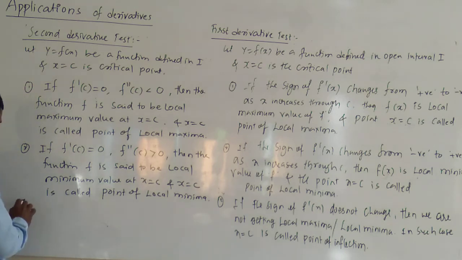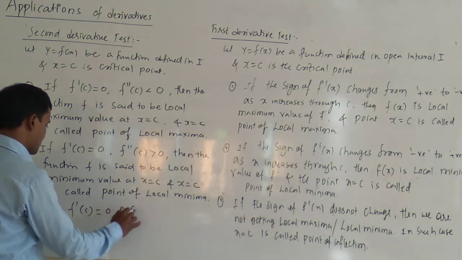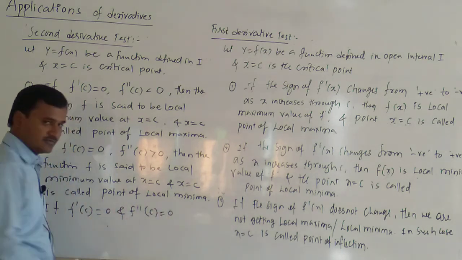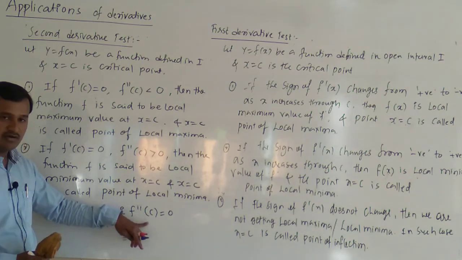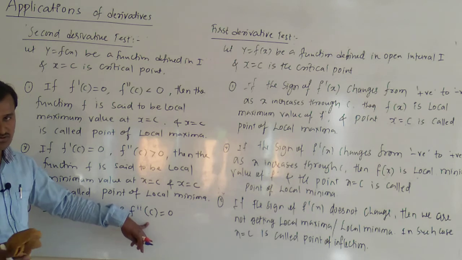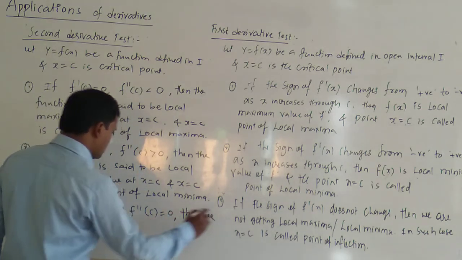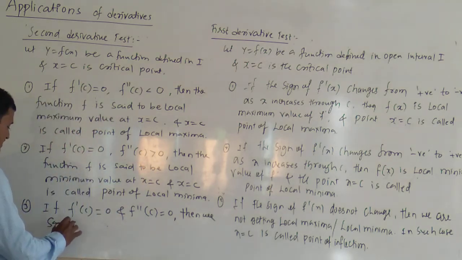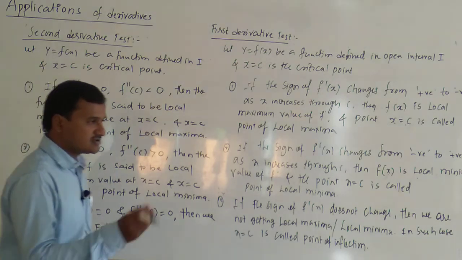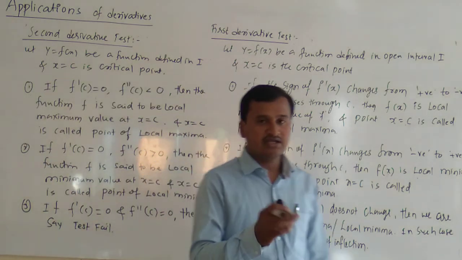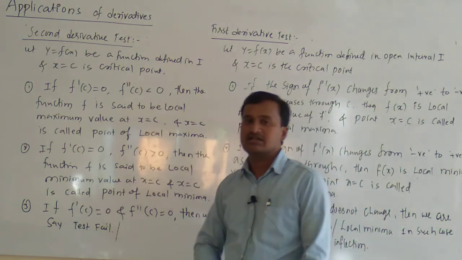In the third one, if both f dash of c equal to 0 and f double dash of c equal to 0, when the first derivative at point c is 0 and the second derivative at the same point x equal to c is 0, then we say that the test fails.